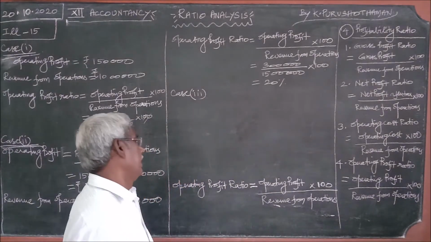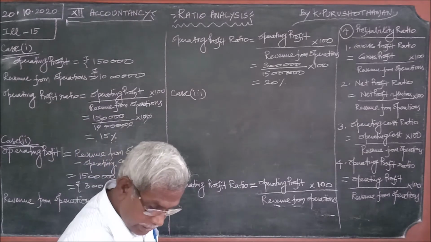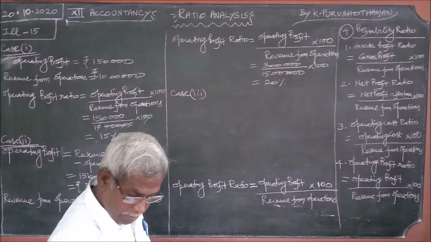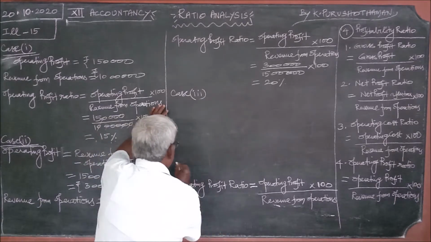So what we must find in case 3? Revenue from operations, it is given.